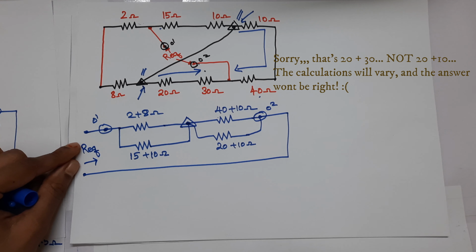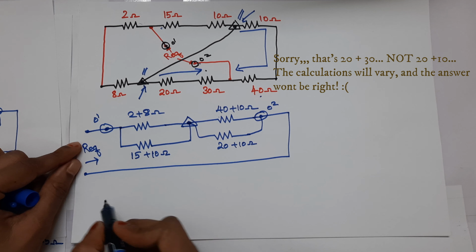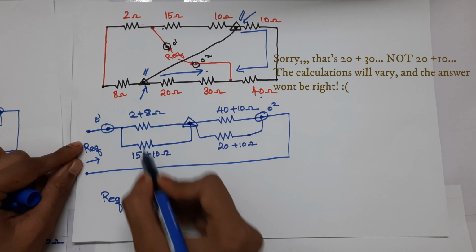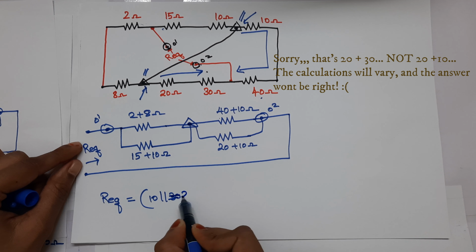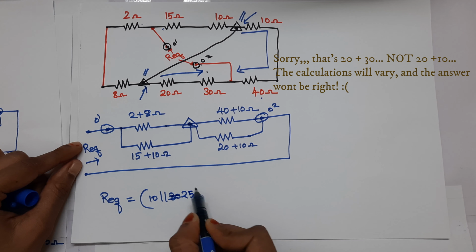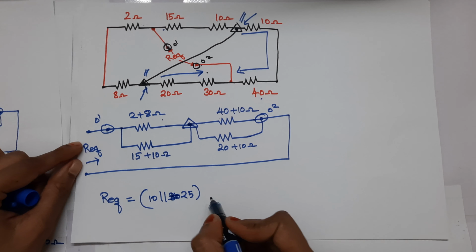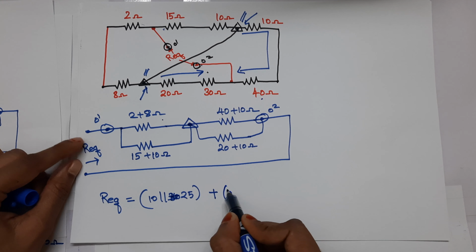We need to find the equivalent resistance from this path. It is very easy now. So the equivalent resistance is 10 parallel with 30. Oh sorry, 15 plus 10 is 25. It's not 20, it's not 30, it is 25. Sorry, 10 parallel with 25 plus 50 parallel with 30.